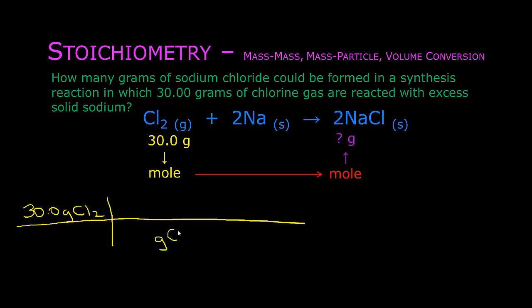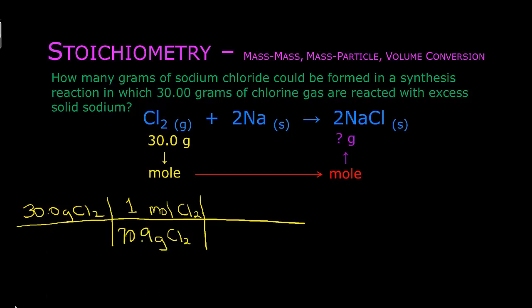I know I'm going to moles of chlorine, so I'm going to put moles of chlorine up at the top. If I have mole gram, I always put a 1 next to the mole if it's not a mole. Grams of chlorine I am going to get from the atomic mass of chlorine, which is 2 times 35.45. That is 70.9 grams.